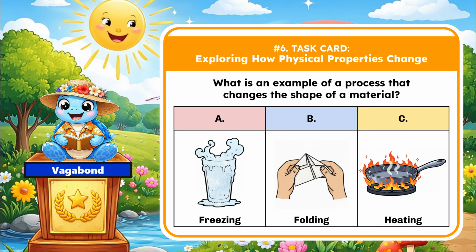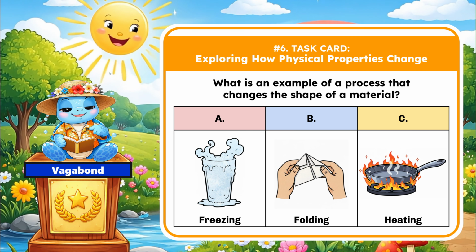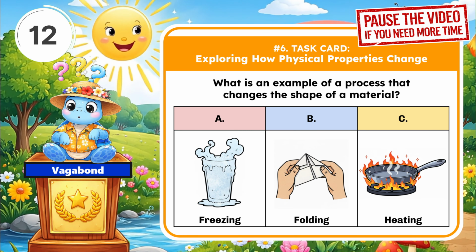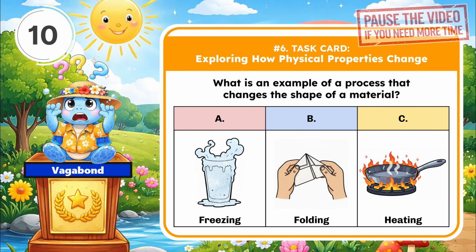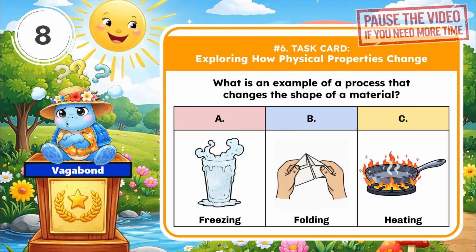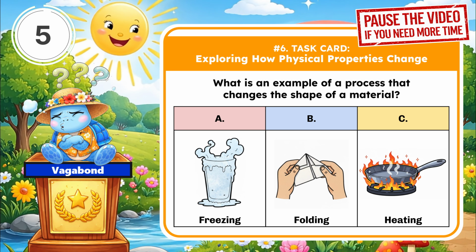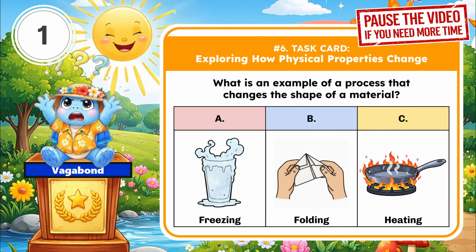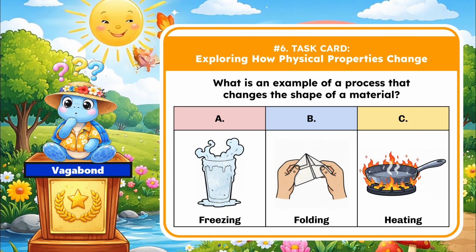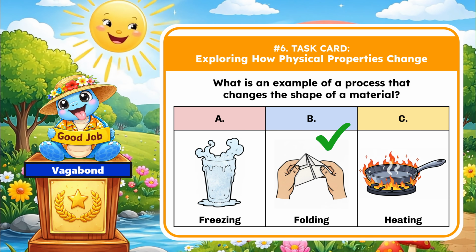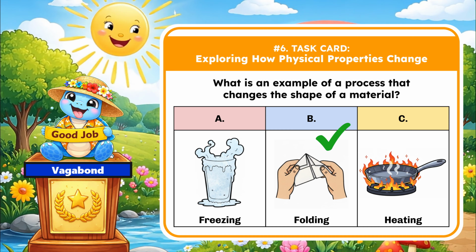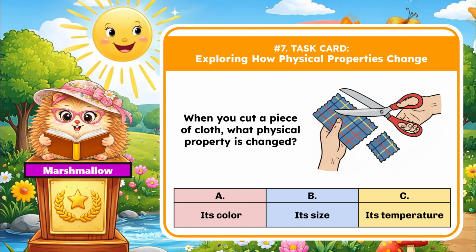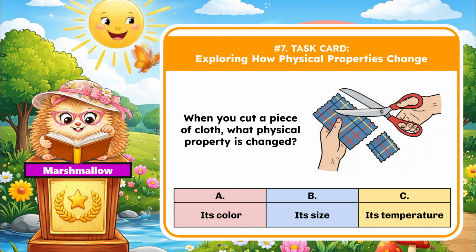What is an example of a process that changes the shape of a material? And the correct answer is letter B, folding. When you cut a piece of cloth, what physical property is changed?